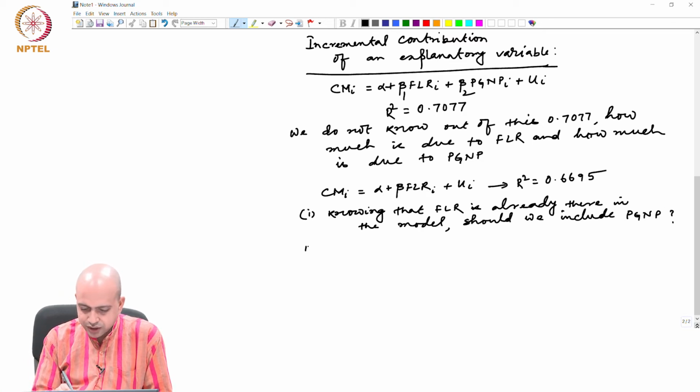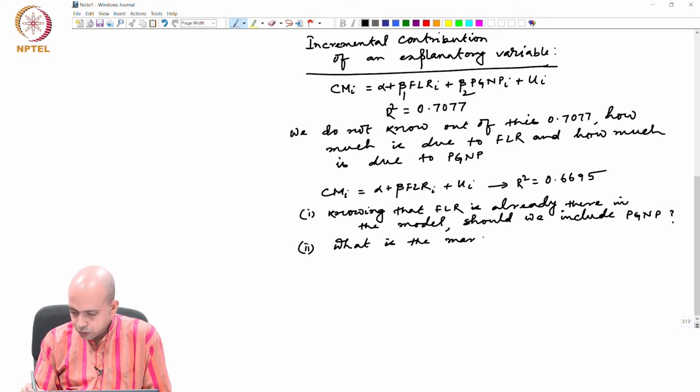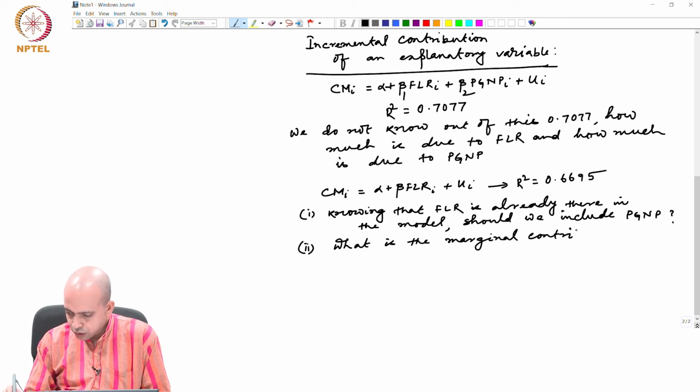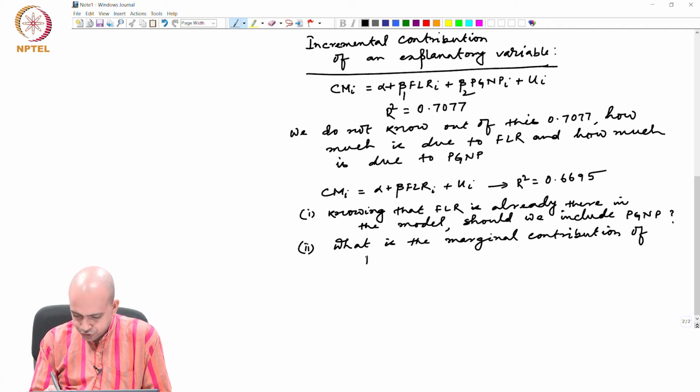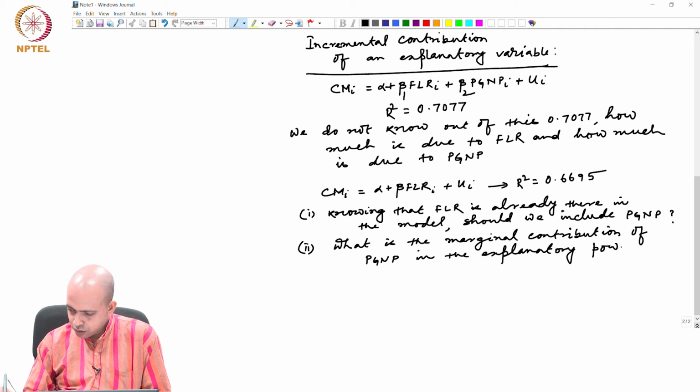That means indirectly we can say, what is the marginal contribution of PGNP in the explanatory power of the model?